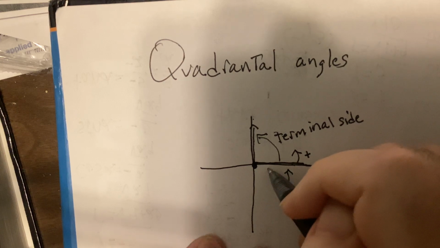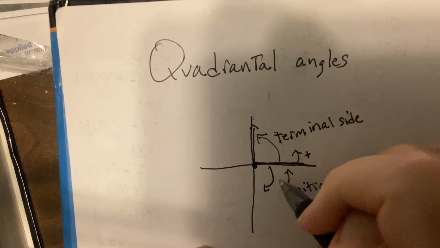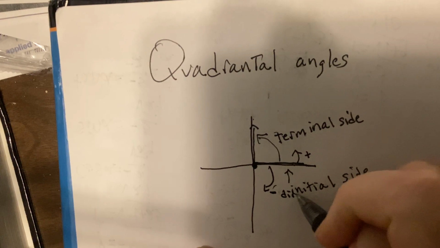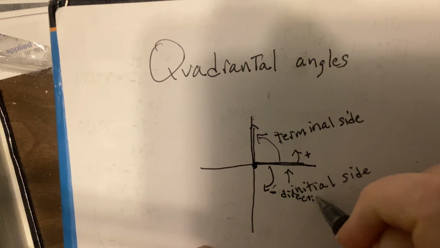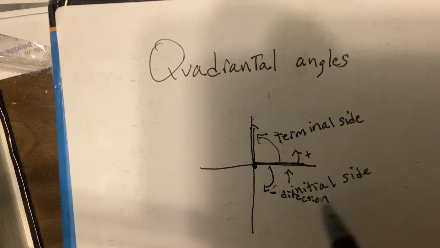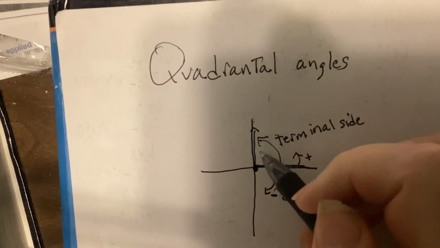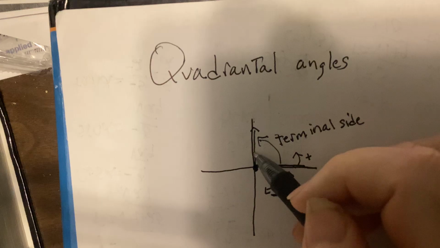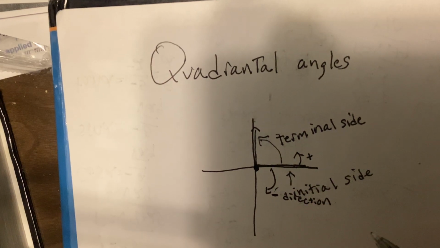If it moves in this direction, that's the negative direction. And it only hits on the axis, so it only is a multiple of 90 degrees.